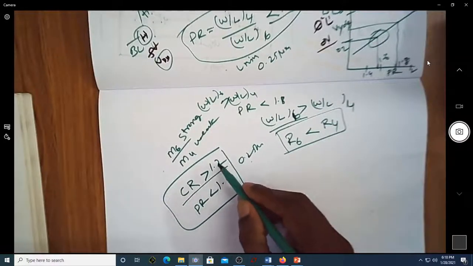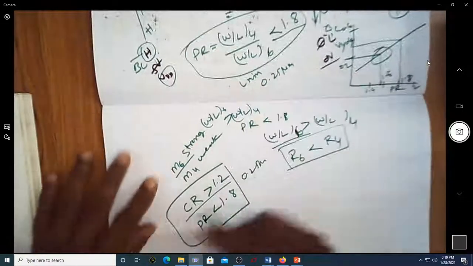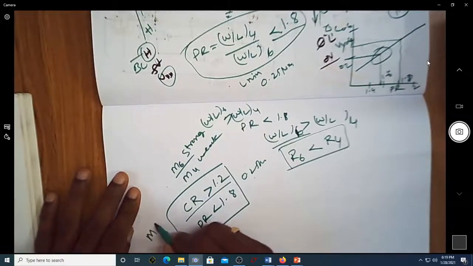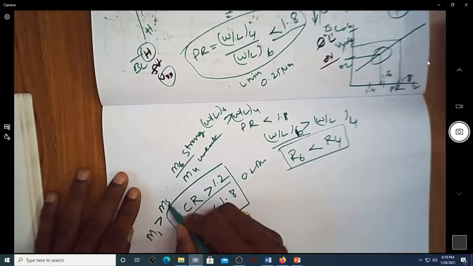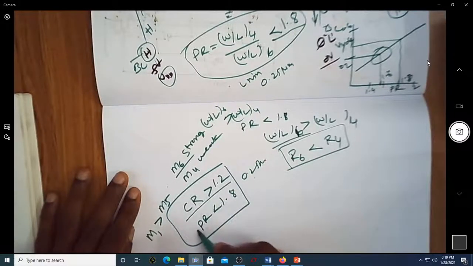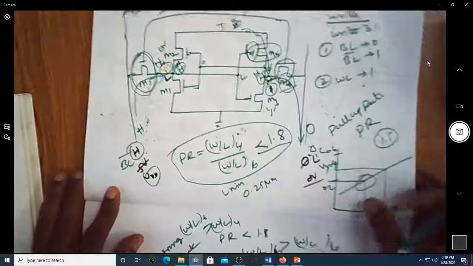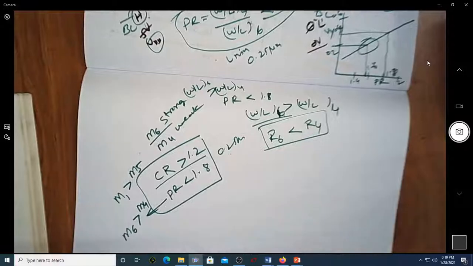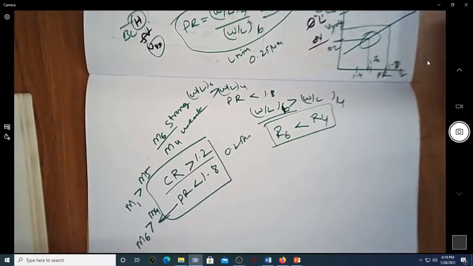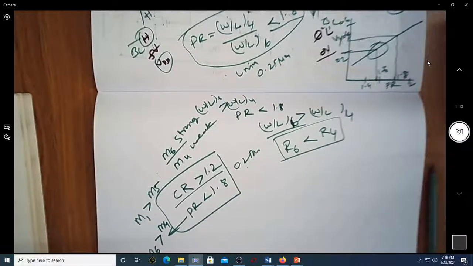Maintaining a value greater than 1.2 means M1 should be stronger compared to M5. Maintaining a value of PR less than 1.8 means M6 should be stronger compared to M4. If we maintain these conditions, then there will be no problem in reading as well as writing the SRAM values.